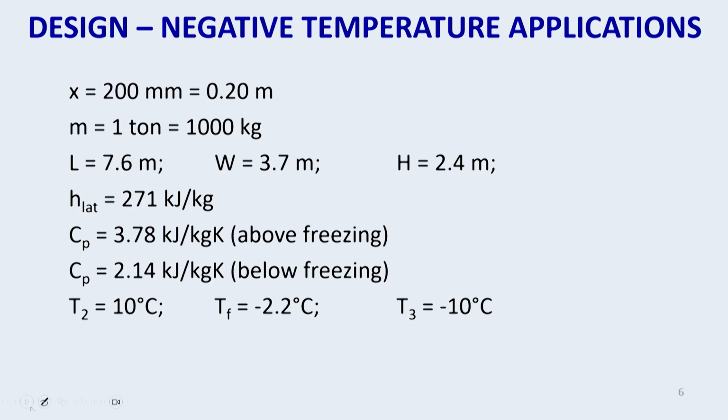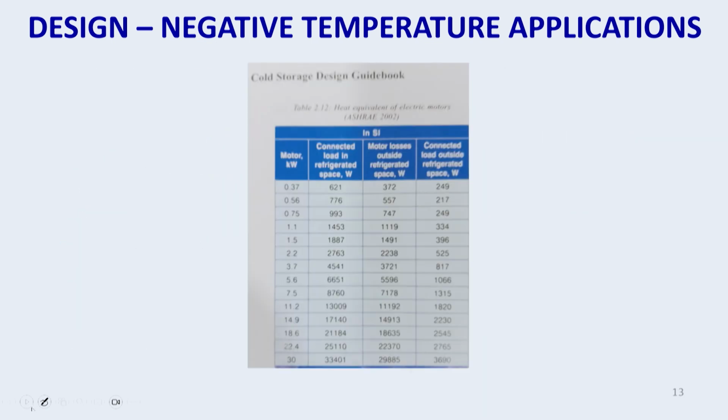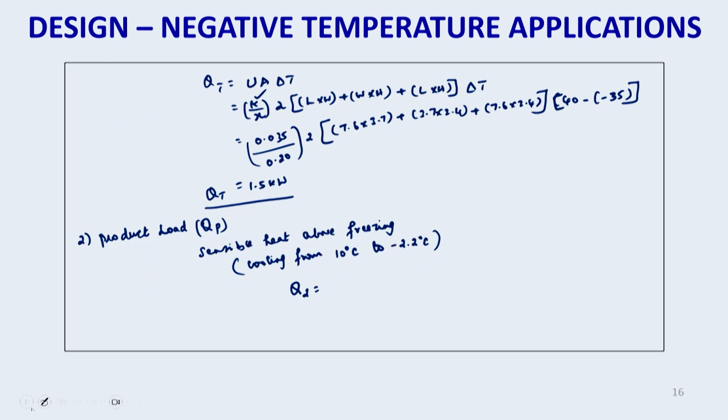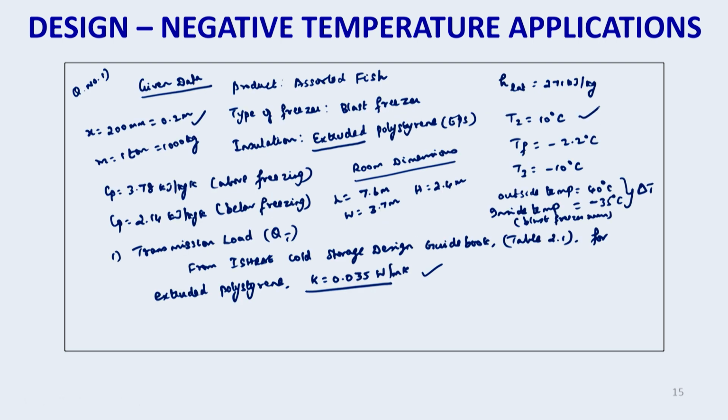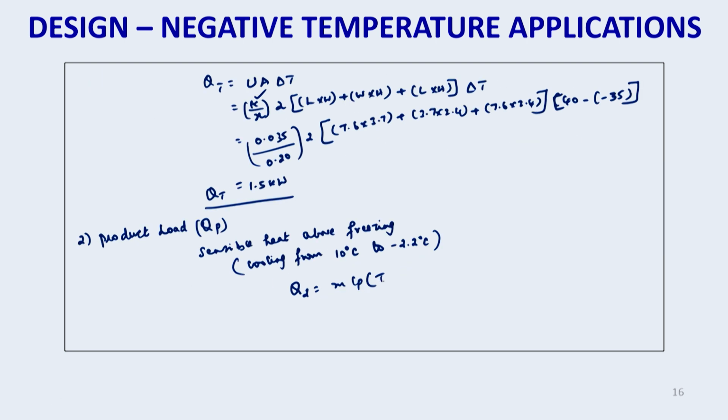So let us assume that it is 0, and I am finding Q2 above freezing. So we have to substitute the CP value above freezing. Q2 is equal to M CP delta T. Delta T is from T2, 10 degree centigrade, to TF, so 10 minus of minus 2.2. I am using the same formula which I explained at the beginning of this lecture.